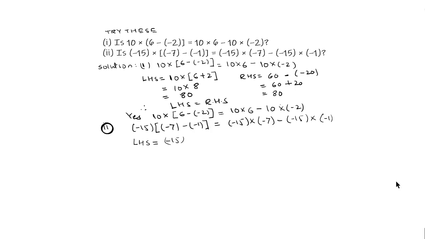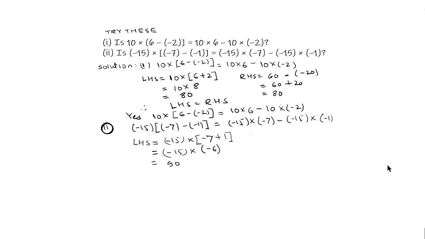Minus 15 multiplied by, we solve this bracket, minus 7, and this minus and minus becomes plus 1, equal to minus 15 multiplied by minus 7 plus 1 is minus 6. This is equal to minus 15 multiplied by minus 6 equal to 90.